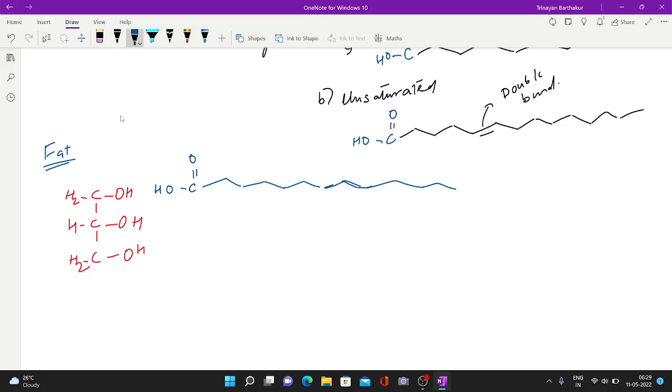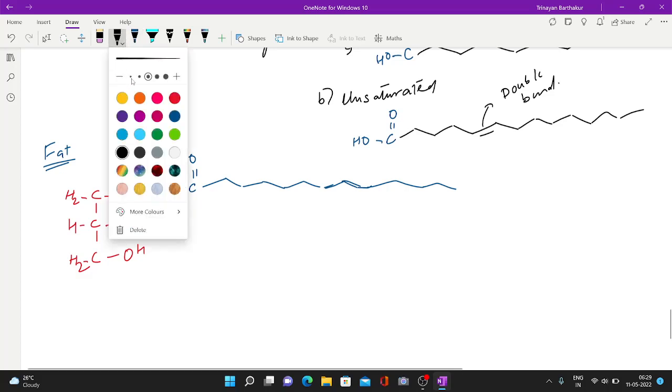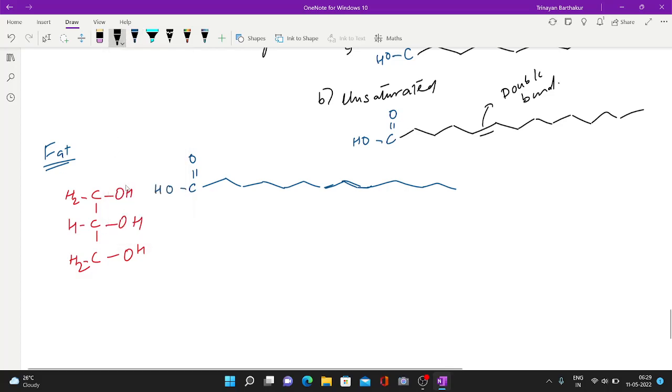What is going to happen is that the H from the glycerol and the OH from the fatty acid are going to escape by forming water. A bond will be formed between this carbon and this oxygen.